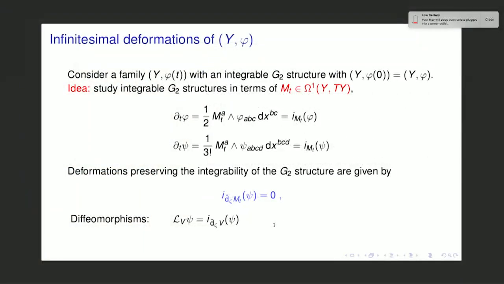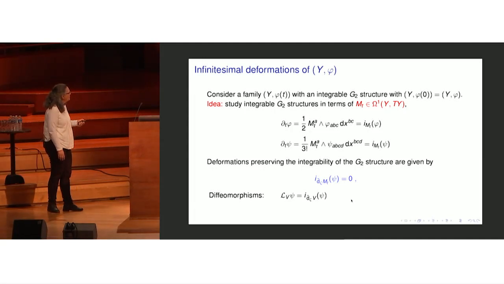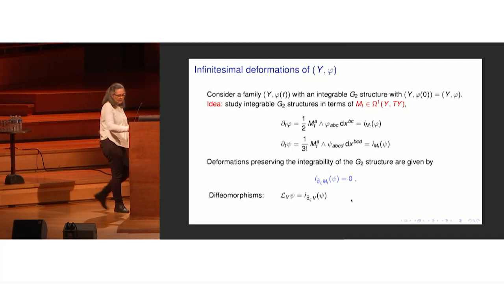And of course, once you do this, you have to consider which deformations of these are trivial. So then you discuss diffeomorphisms. You study the diffeomorphisms, and your space of parameters is given by the quotient of the solutions of this equation by the diffeomorphisms.